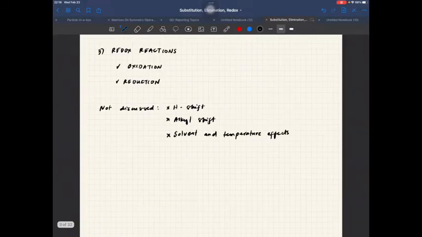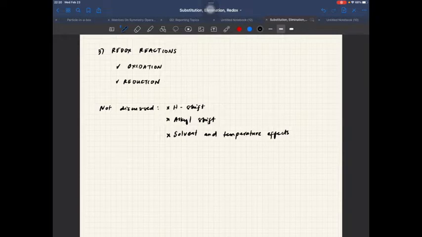And finally, the last essential topic that shall be discussed tonight is redox reactions. Basically, when we talk about redox reactions, we are referring to oxidation and reduction reactions of organic functional groups.